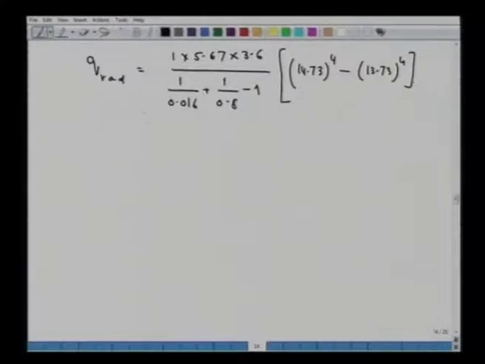So, if you solve, this will come out to be 3819 watt.